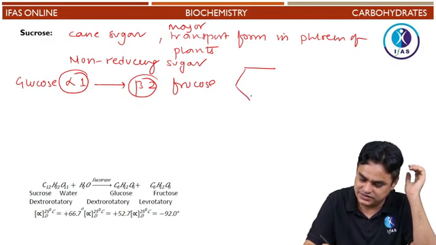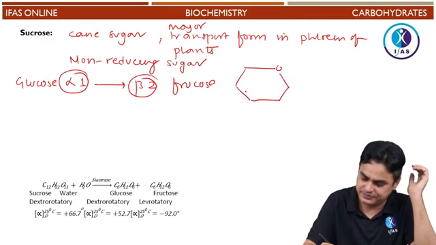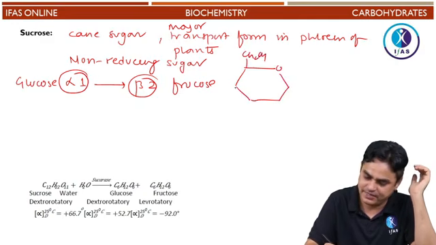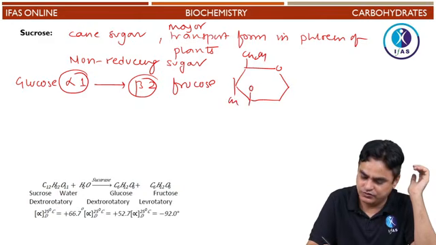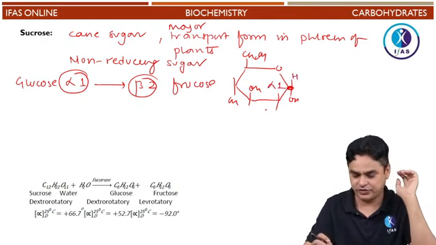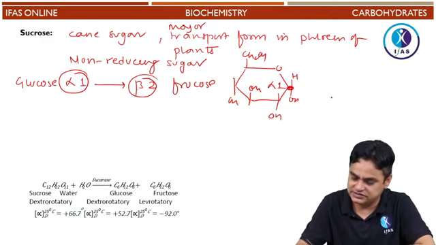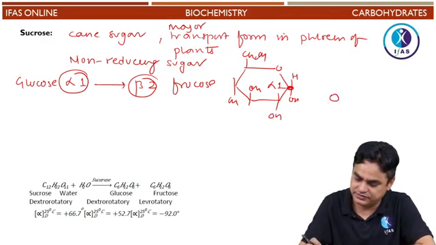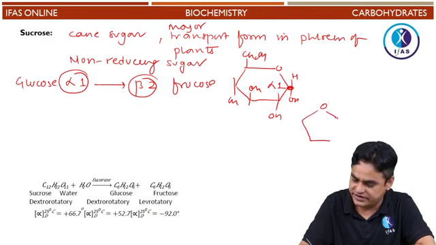This is, let's say, glucose, and the glucose OH group is down the plane at the anomeric carbon. So you will see that it is an alpha 1 of glucose. And let's say this is the fructose in its stable pyran ring structure.